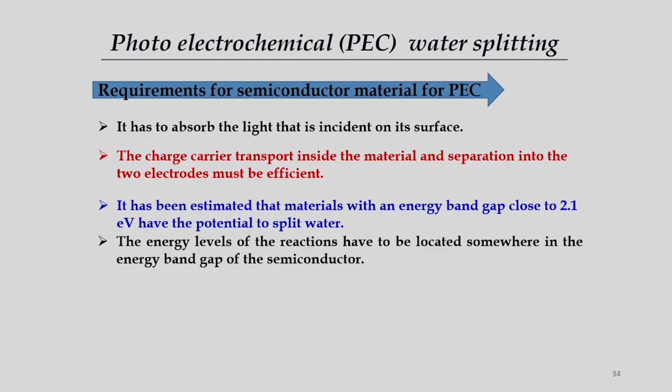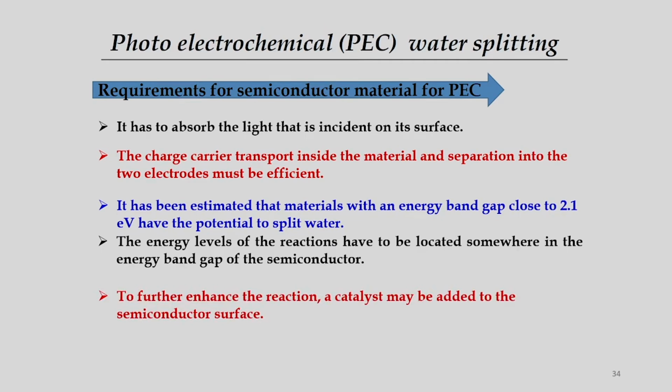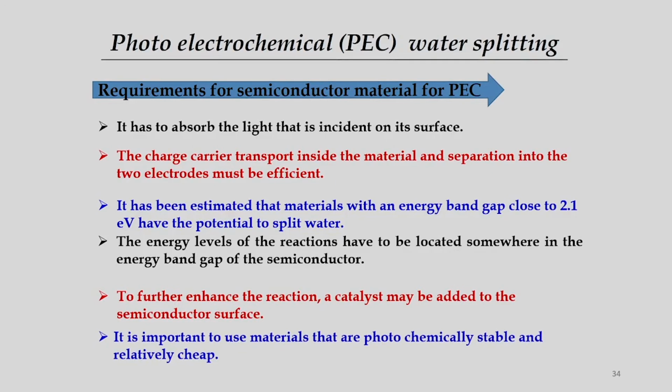The energy level of the reactions have to be located somewhere in the energy band gap of the semiconductor. To further enhance the reaction, a catalyst may be added to the semiconductor surface. It is important to use materials that are photochemically stable and relatively cheap.